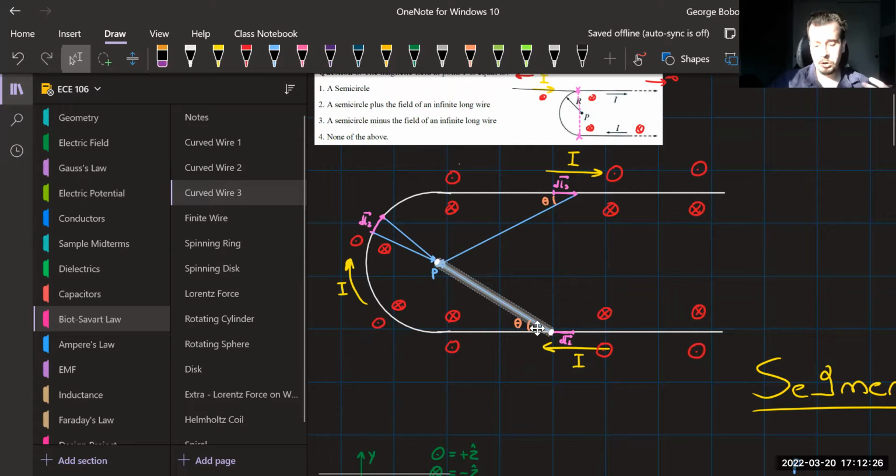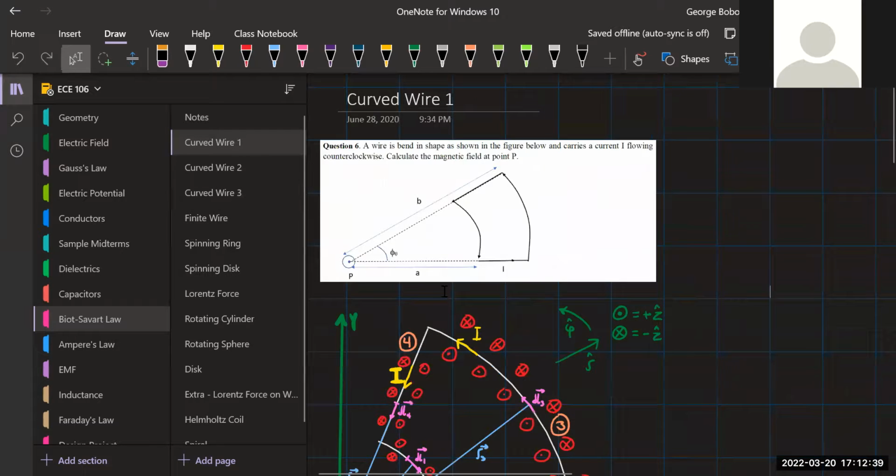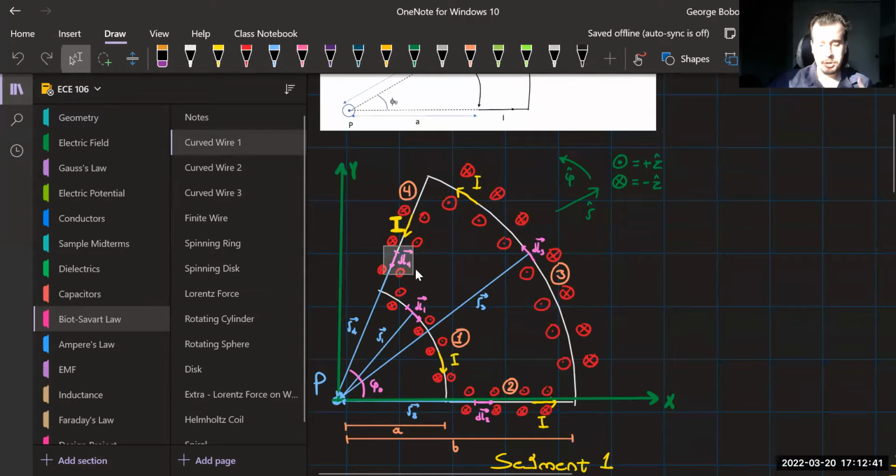There's a component of R that's parallel to dL, but also a component perpendicular to dL, so there's going to be a contribution. However, in our problem, dL and R were always parallel, pointing in the same direction, so their cross product is always 0 throughout segment 4.